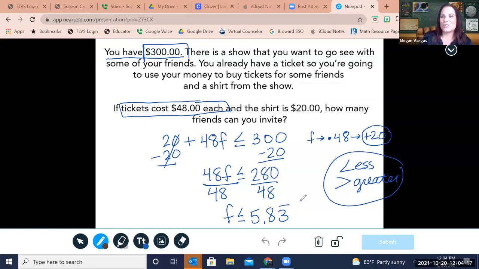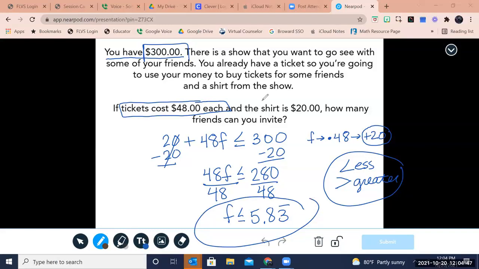Gianna, yes. Joshua R, yes. Alani, Kailani. Yes. The largest number I can invite would be 5 friends, because it has to be less than or equal to 5.8. So the largest possible whole number that's less than that would be 5.